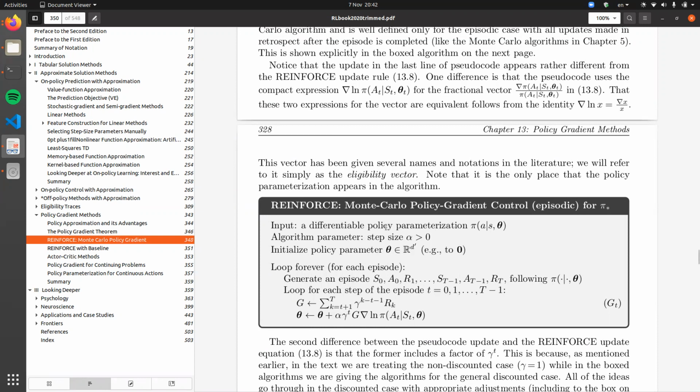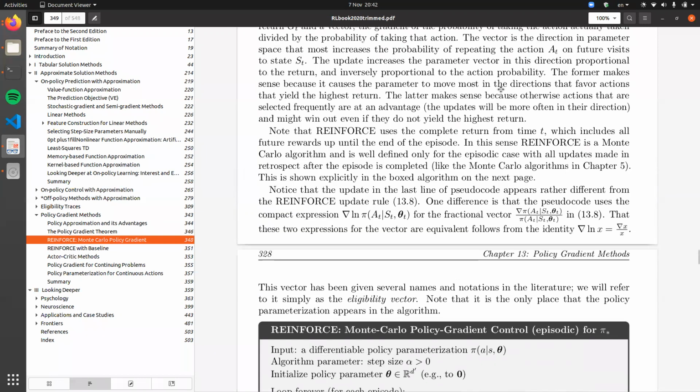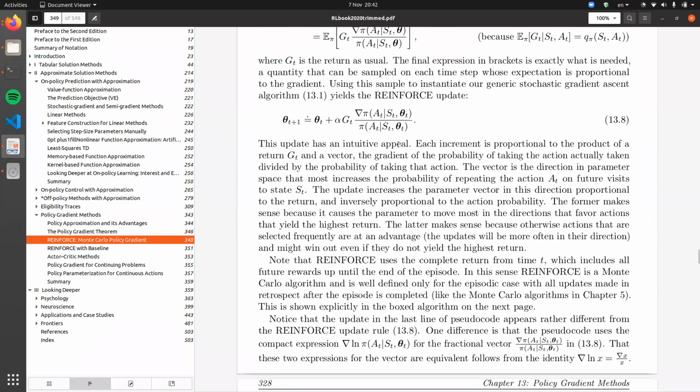the episodic case. You can also notice that this expression is equivalent to the gradient of the logarithm of the policy. The simple rule here is that the gradient of the logarithm of x is equal to the gradient of x divided by x.